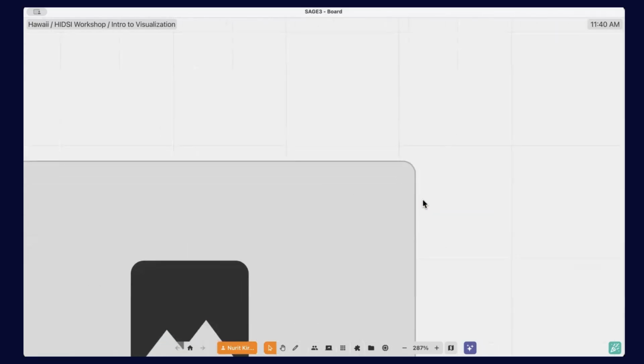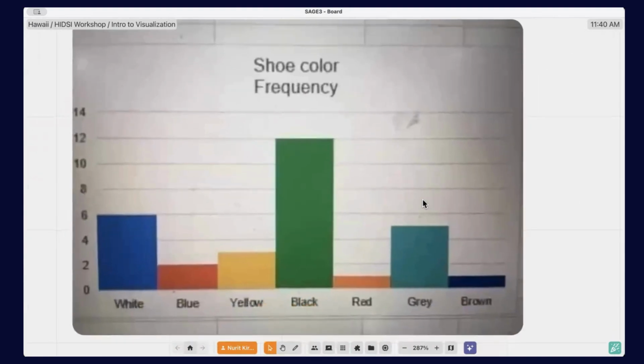This one is one of my favorites. What do you think would be the number one thing to change in this chart? Colors to the words. Yeah, intuitively, when you look at it, you see the tallest bar is green. Surely the most favorite color for shoes is green.